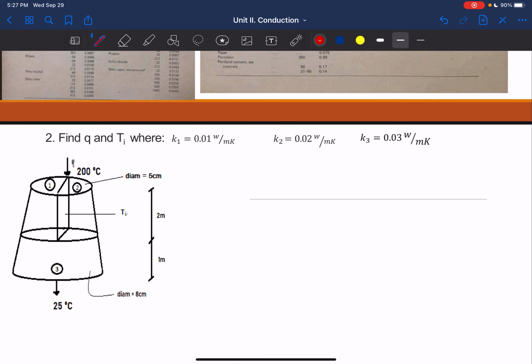Find Q where you are given already that the K1, so you have a frustum of a cone. K1 is 0.01, K2 0.2, and K3 0.03. Take note that 1 and 2 are in parallel and it is in series with your bottom, which is your number 3.